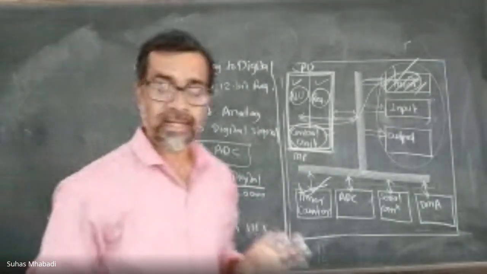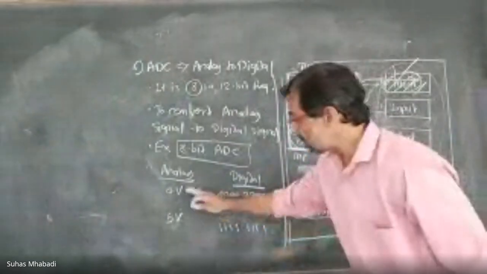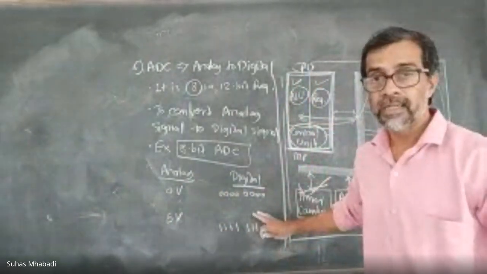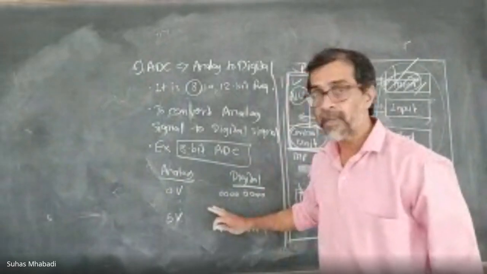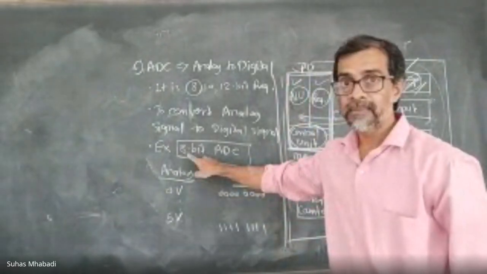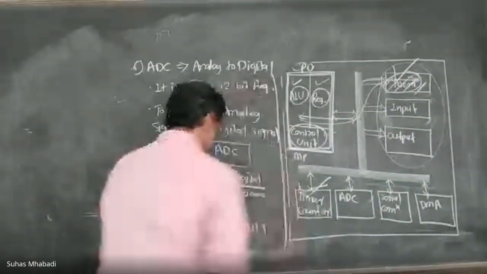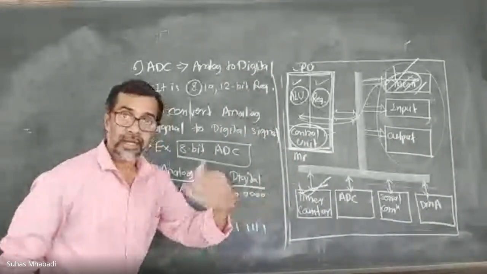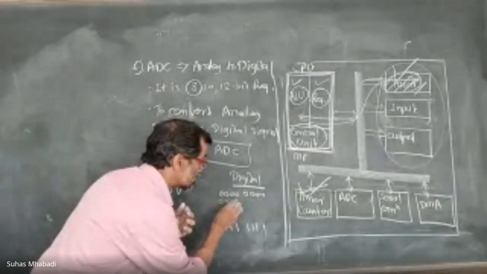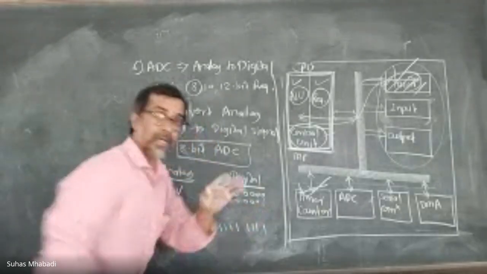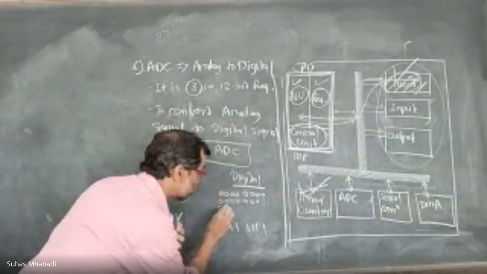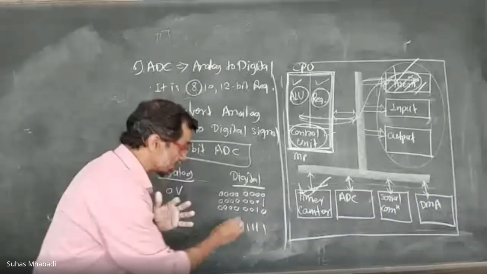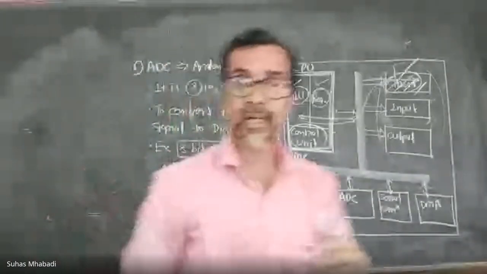In between, there are different numbers of steps and that depends upon the resolution. The resolution of an ADC depends upon the number of bits. So the first value is 0000 0000, next will be 0000 0001, next will be 0000 0010, likewise the last will be 1111 1111.